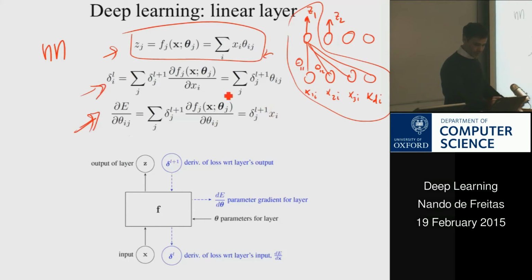So we have the forward message. Here we just need the derivative of the function with respect to the input, which in this case is kind of trivial. If you take the derivative of this term with respect to x, you just get the coefficient that multiplies x, which is theta ij.